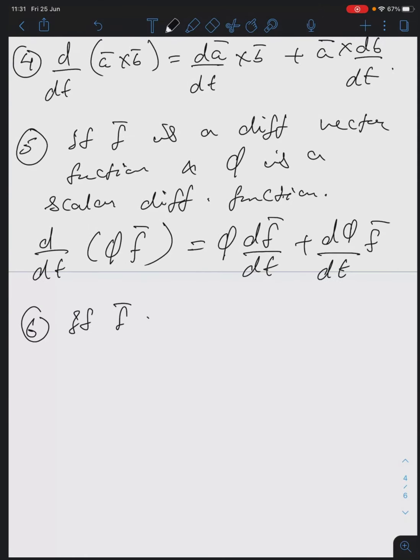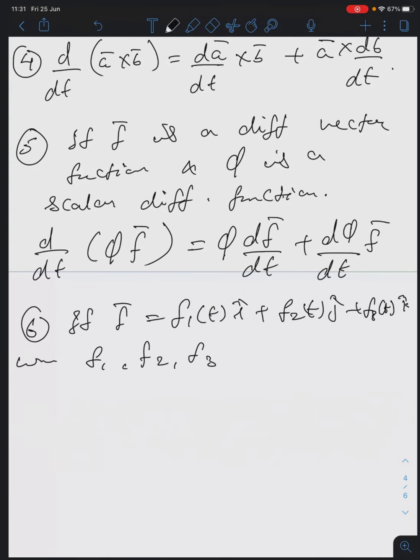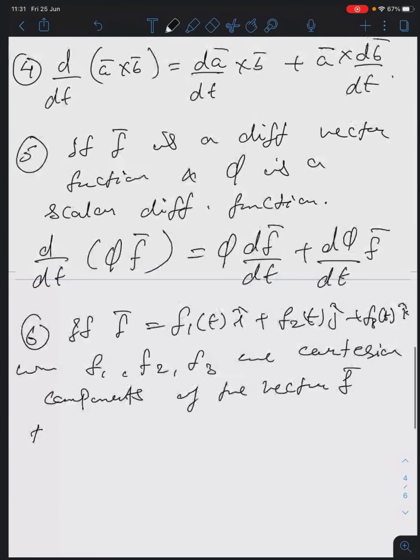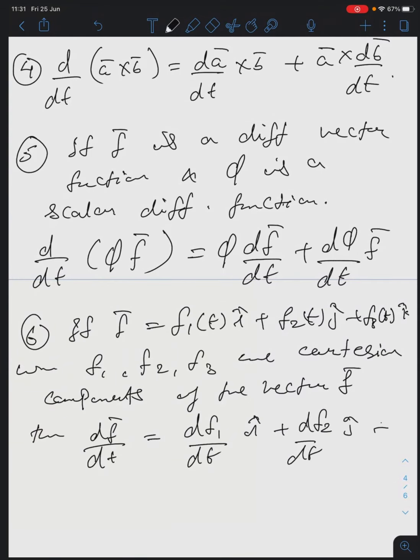Now suppose f bar is something like this: f1(t) i plus f2(t) j plus f3(t) k, where this f1, f2, f3 are Cartesian components of the vector f bar, then df bar by dt will be equal to df1 by dt i cap plus df2 by dt j cap plus df3 by dt k cap.